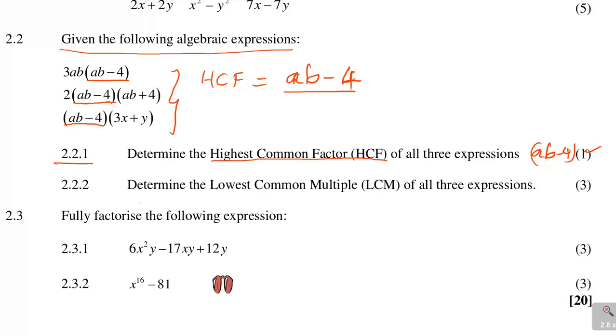The next one is determine the lowest common multiple of all the three expressions. It's 3 marks now. The lowest common multiple is everything. You're just writing everything that is represented. For example, for LCM, we have 3, we have A, and we have B, and we also have 2.